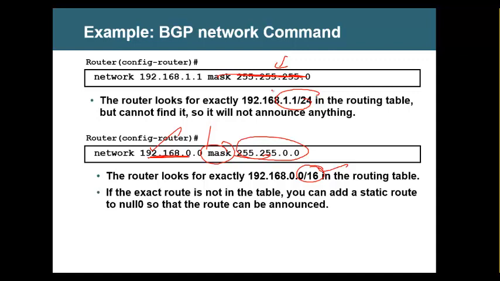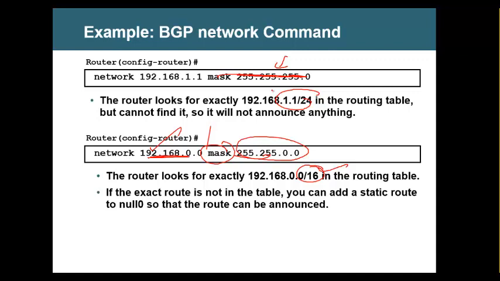Exactly. Very clearly said. You have very clearly explained. So the routing table should be matched. If someone says the interface subnet mask should match, they are half correct.